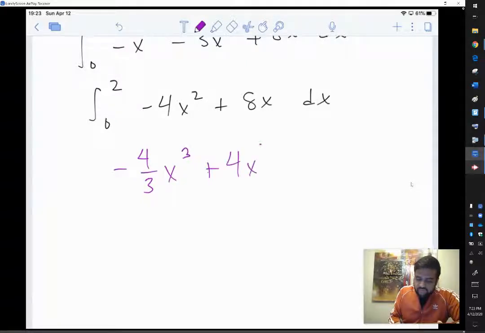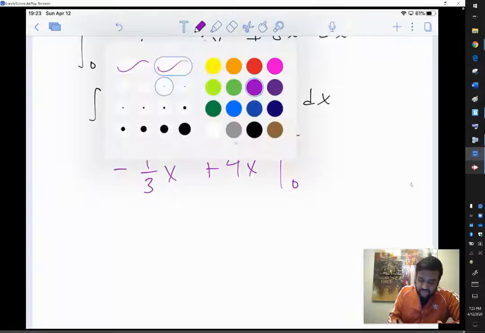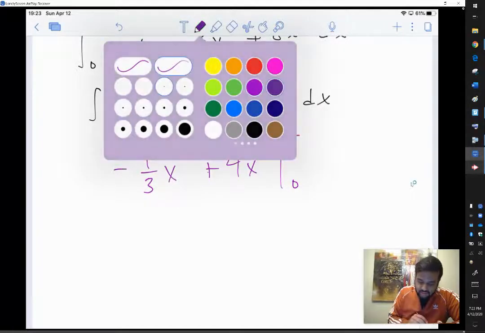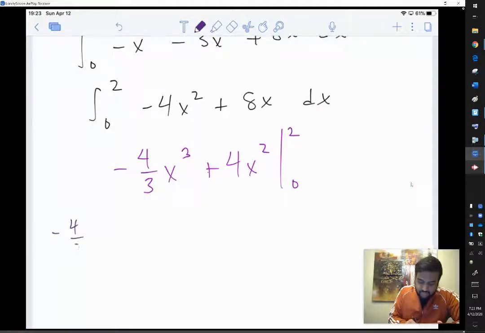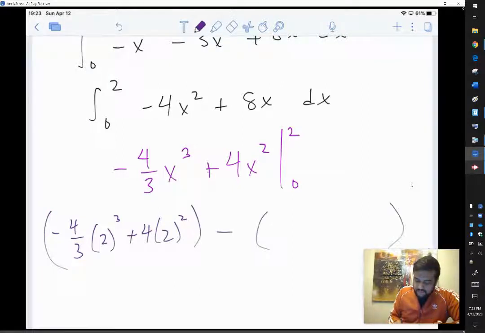So this should feel familiar in terms of skill R. Double check that, looks okay. Plug in 2, plug in 0, and subtract. So plug in 2. Plug in 0.